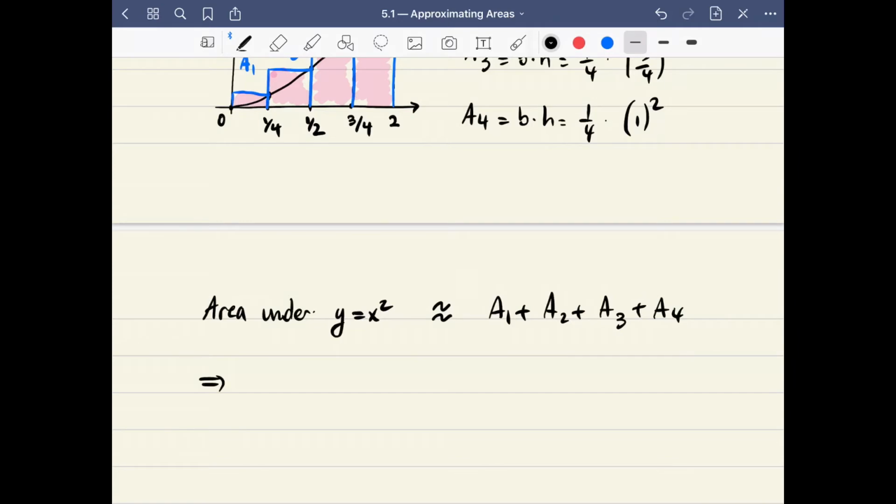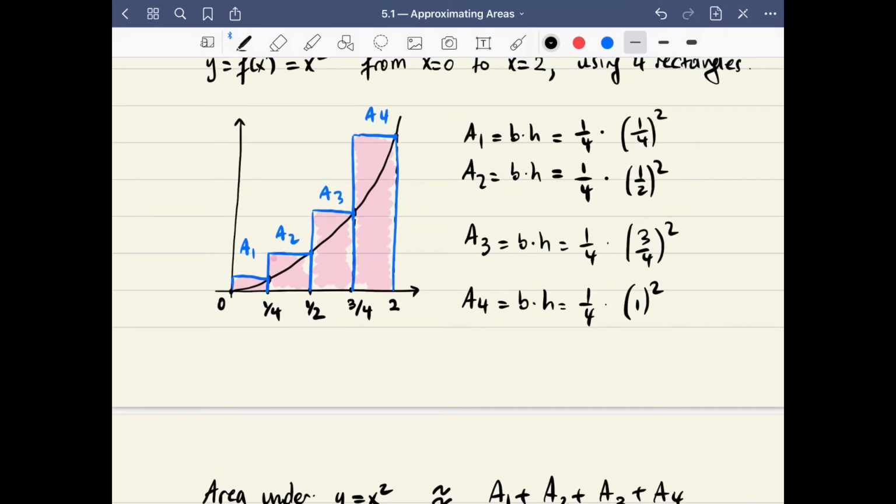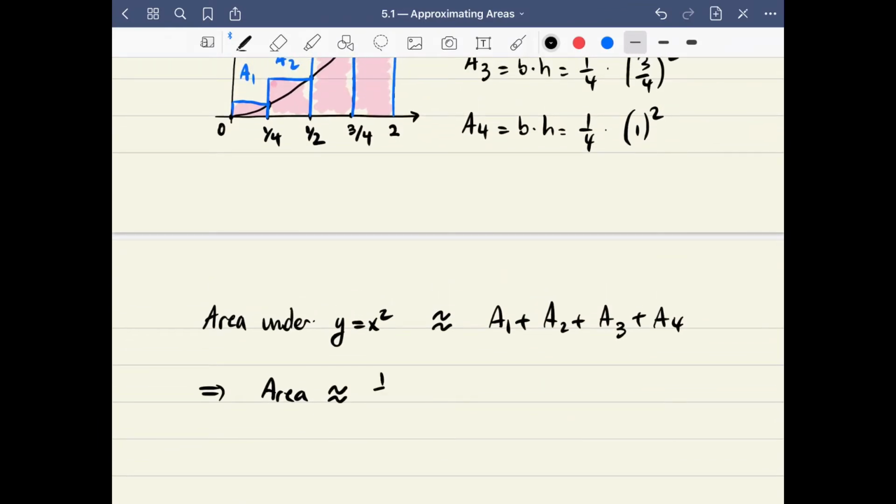So area is approximately the sum of these values here. Okay, so let me write them down. So I have 1 over 4 times 1 over 4 squared plus 1 over 4 times 1 over 2 squared plus 1 over 4 times 3 over 4 squared plus 1 over 4 times 1 squared.